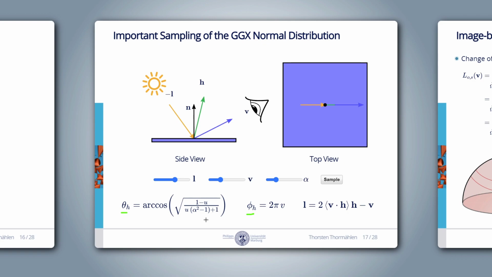Our PDF does not depend on phi h, so we sample phi h uniformly in the interval from 0 to 2 pi. Thus, phi h is 2 pi times v. Given theta h and phi h, we can compute the half-wave vector h. Together with the view direction v, we can compute the light direction L with this equation.